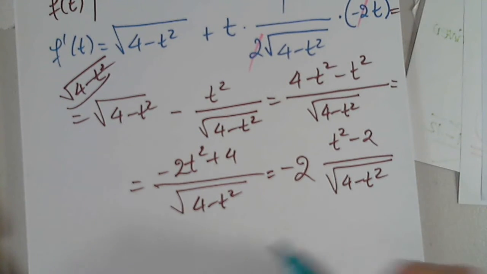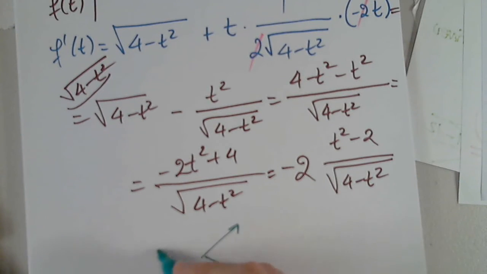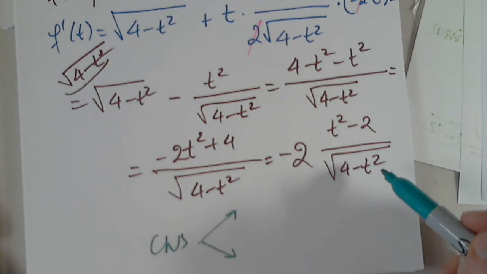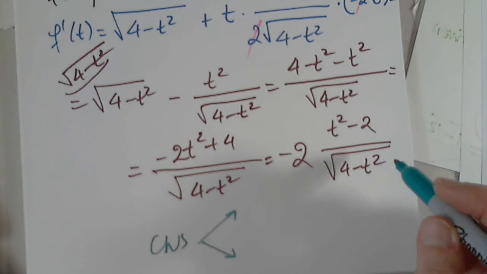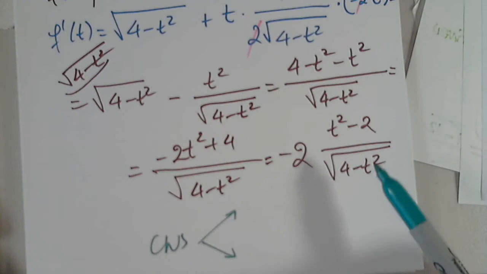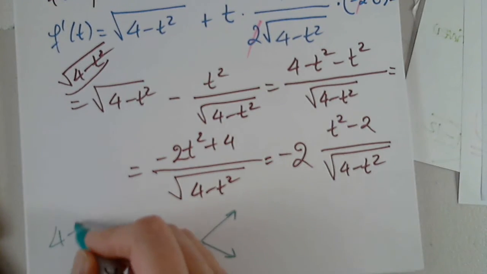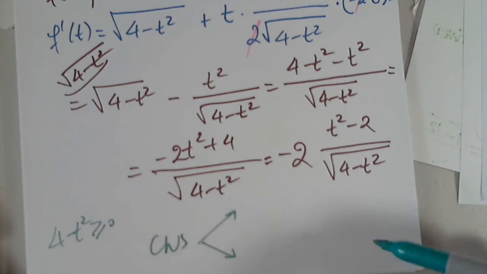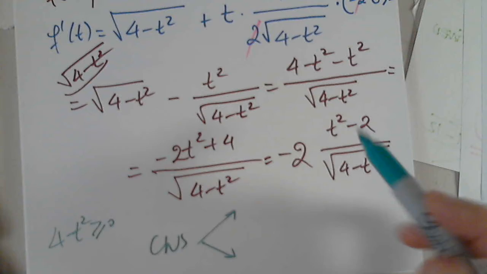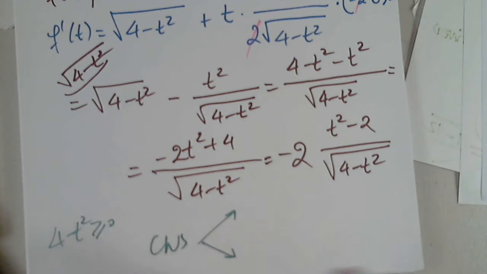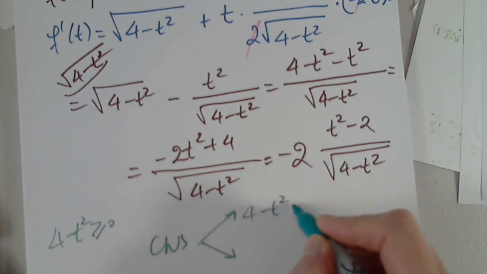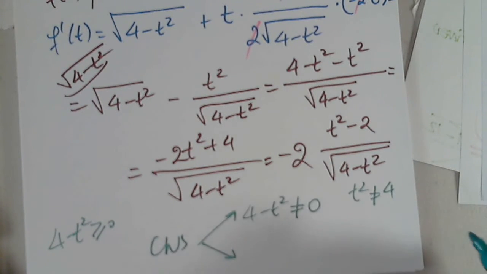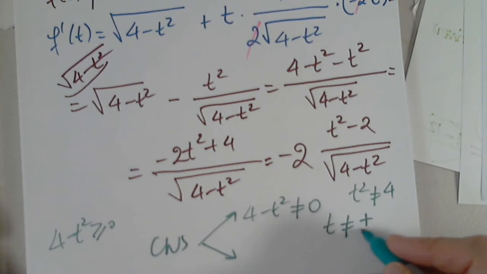So I see that this is undefined, so there are two possible sources for critical numbers. I don't have to contradict that, because 4 minus t squared has to be greater than or equal to 0 for the function to exist. But definitely now this radical is in the denominator, so I cannot include, so 4 minus t squared cannot equal 0, or t squared cannot equal 4, or t cannot equal plus or minus 2.